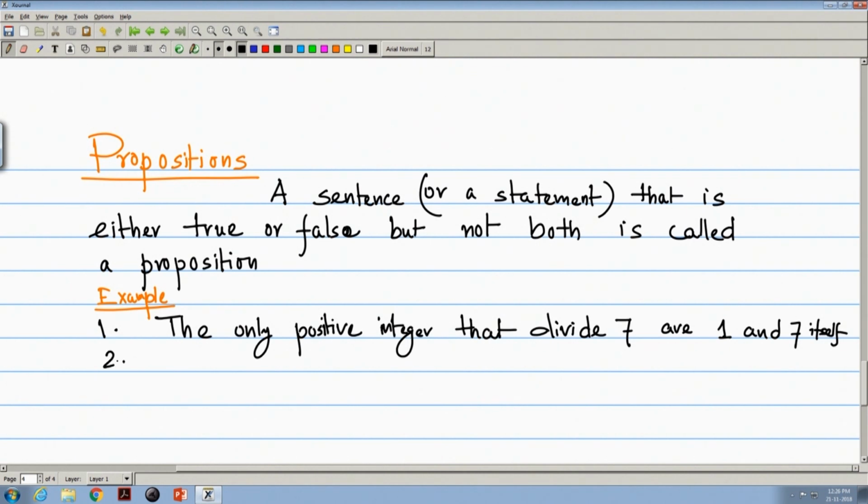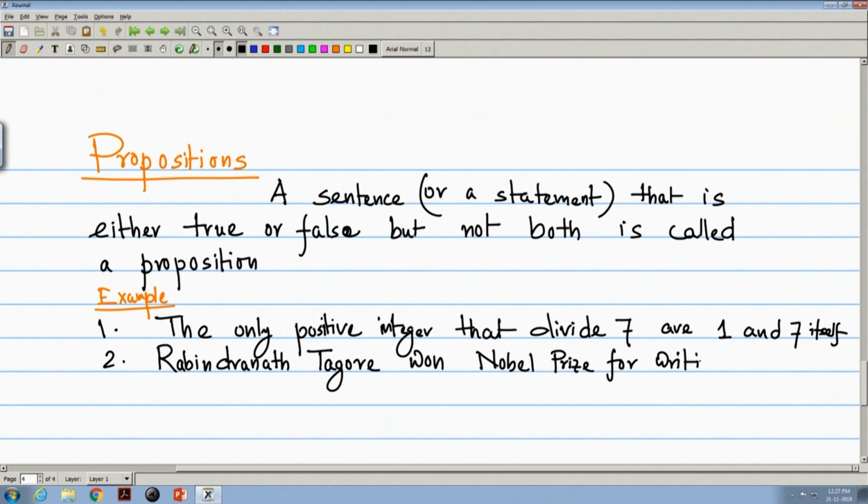Second statement, Rabindranath Tagore won Nobel Prize for writing Shesher Kobita.